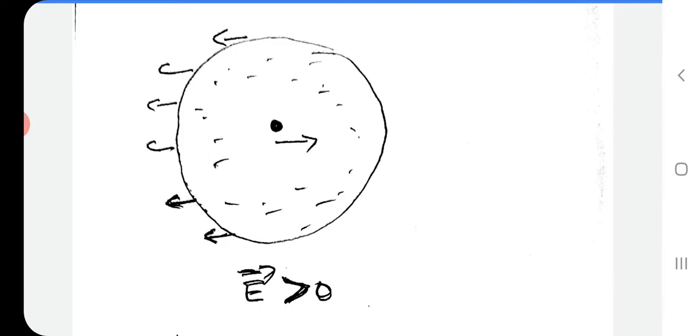As shown here, the field is from left to right, so the nucleus will be pushed in the same direction, while the electron cloud surrounding it will be pushed in the opposite direction.